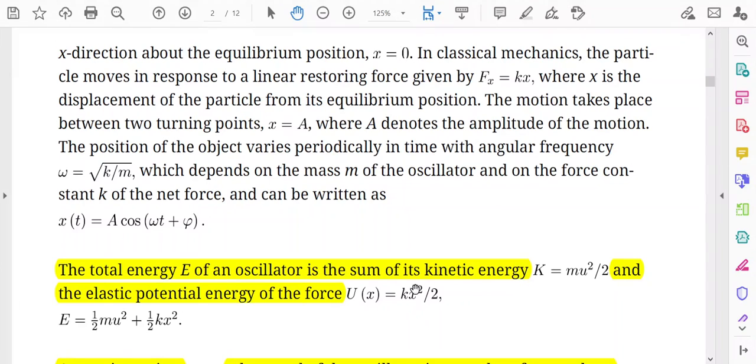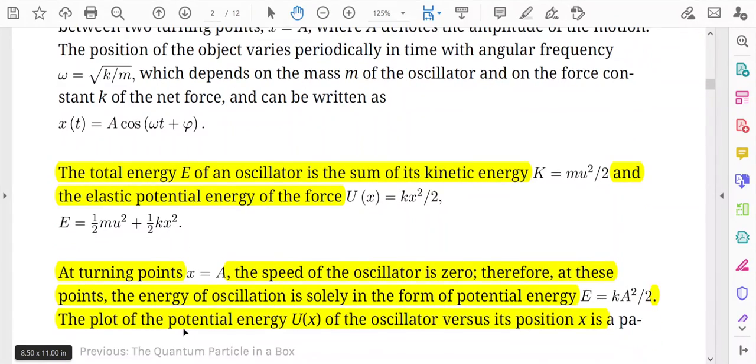We have all read about these facts: kinetic energy is half m u square, where u is the velocity, and the potential energy is half k x square, where k is the force constant and x is the displacement. We have not derived this, but I suggest you read some textbook on vibrations or simple harmonic motion regarding the derivation. And total energy E is equal to half m u square plus half k x square.